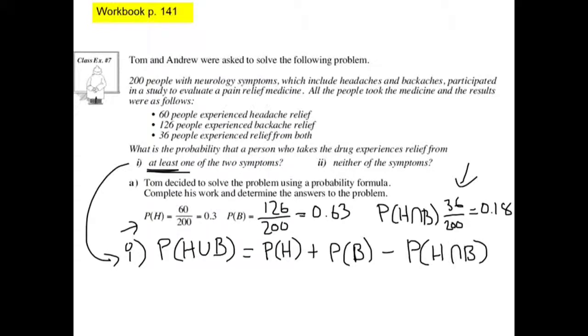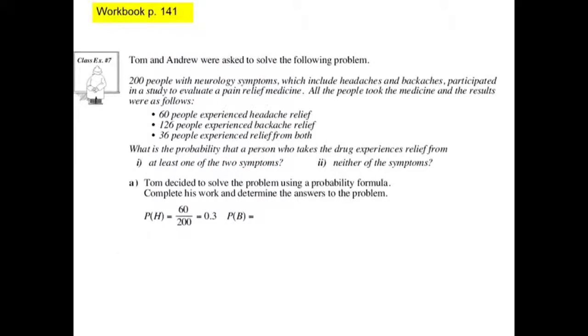Okay, so we have 0.3 plus 0.63, and we're going to minus that 0.18 out, which means that we have 0.75. That's not a bad probability of those who will get relief from at least one of the two symptoms. So we know that the probability of getting relief from at least one of those is going to be 0.75.